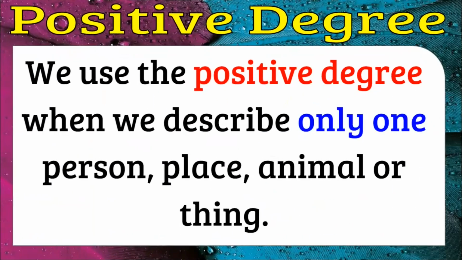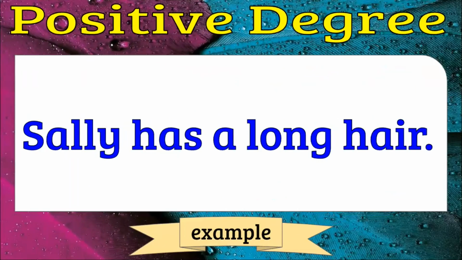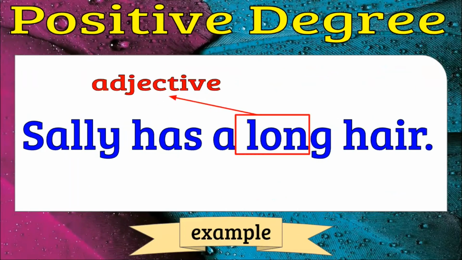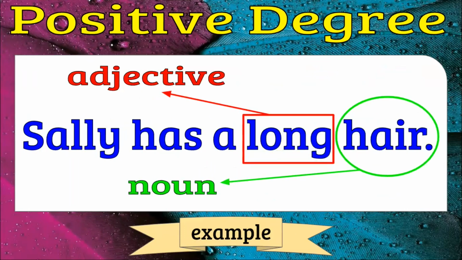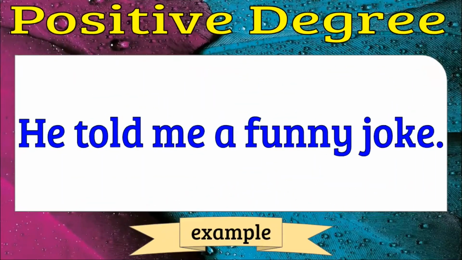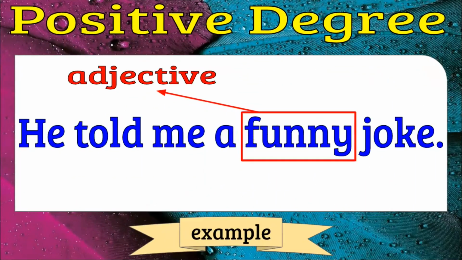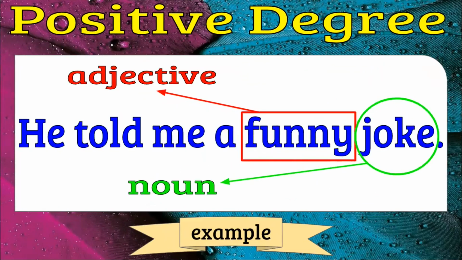We use the positive degree when we describe only one person, place, animal, or thing. For example, Sally has a long hair. The adjective is long. It describes the noun hair. He told me a funny joke. The adjective is funny. It describes the noun joke.